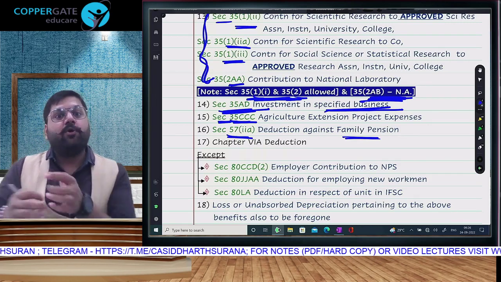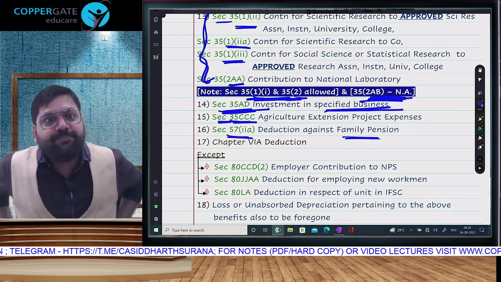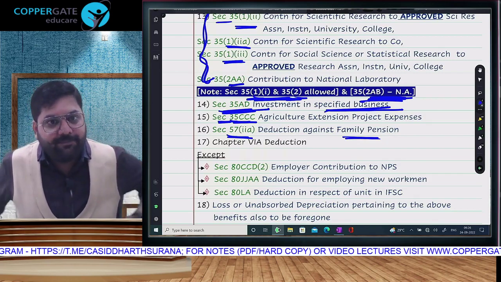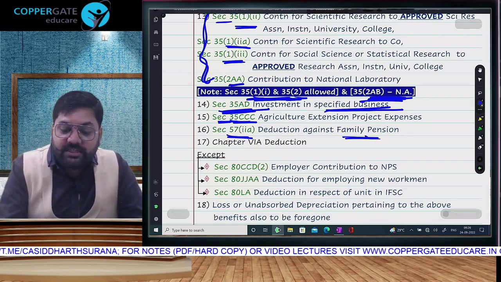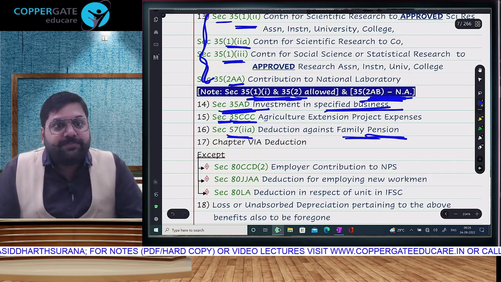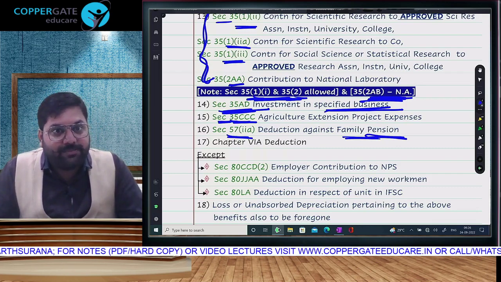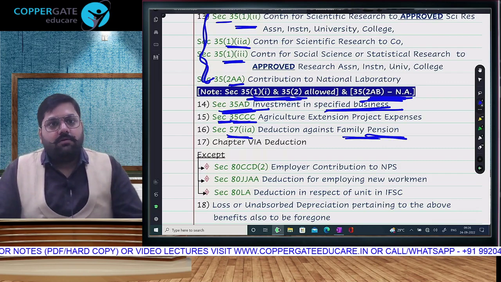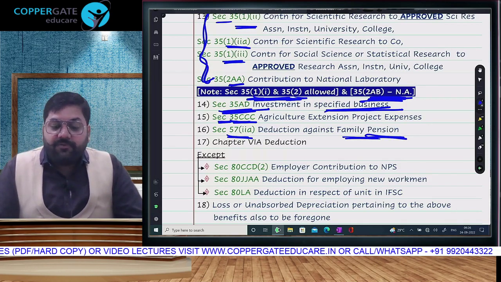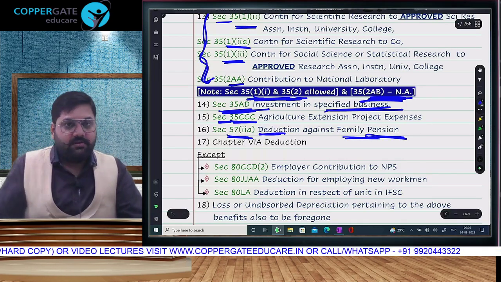But after the employee dies, the spouse gets pension. At least in government employment, the spouse does get pension. That pension is called family pension. The spouse did not have an employer-employee relationship, so it will not go in salary, it will be taxable under other sources. And from this pension, there is a deduction.